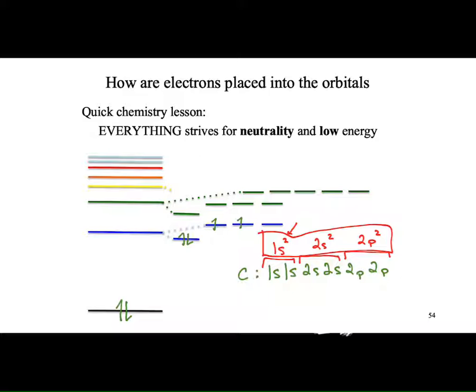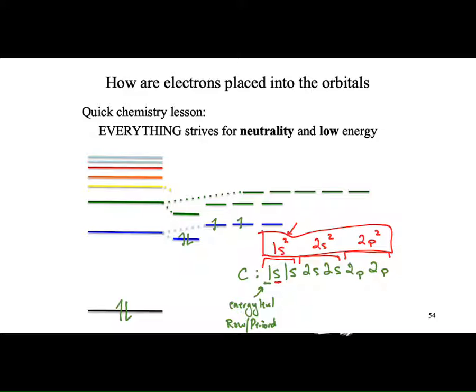First and foremost, the number in front in our configurations was the energy level. As we talked about in class, the energy level is the row, period, or series on our periodic table.